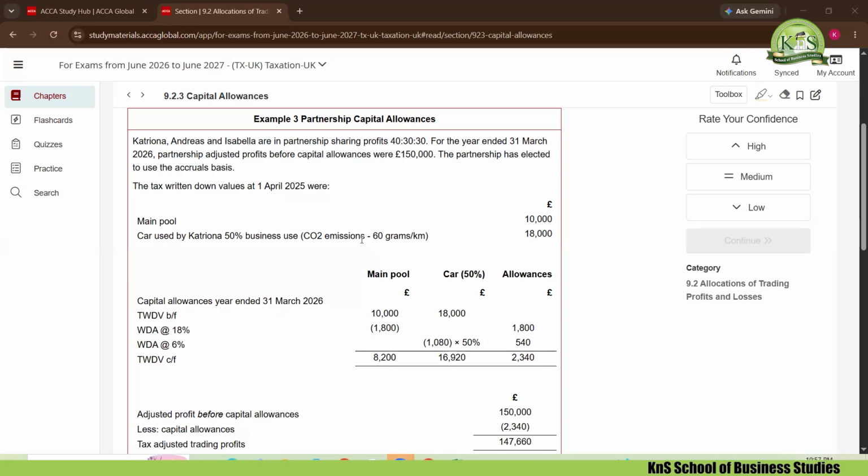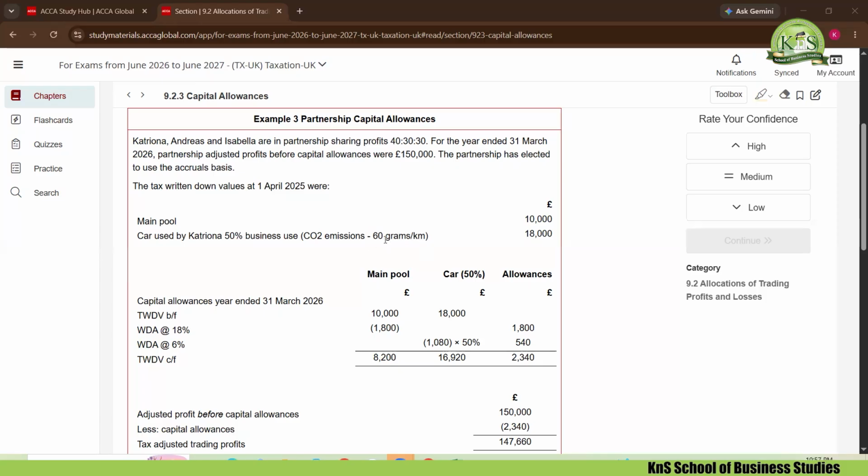If assets are in the main pool, you will get allowance at 18%. And if it goes in a special rate pool, the allowance is reduced to 6%. There are rules for when we put things in the main pool or the special rate pool, but right now, I'm not talking about those.